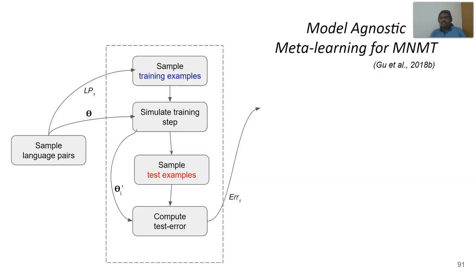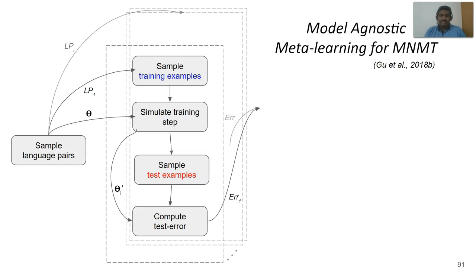These errors are generated by the adapted model parameters theta I dash for this language pair. Similarly, we would have updated parameters and errors for every language pair.